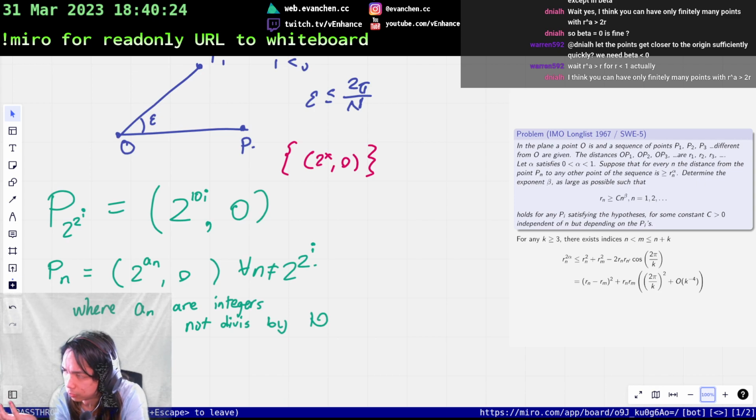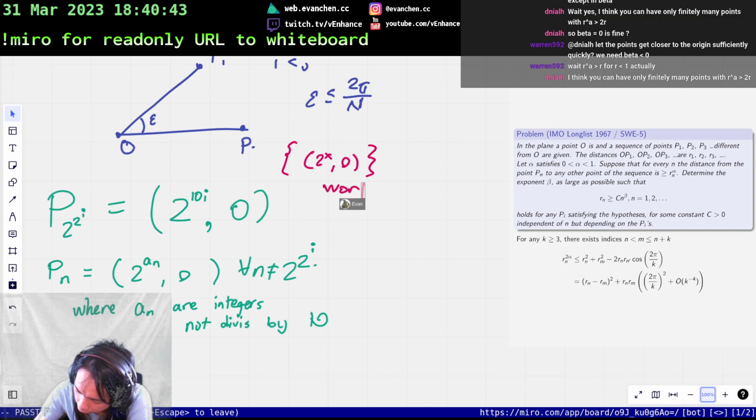It is just a valid construction, right? The set of points which are powers of 2 will work for any alpha strictly less than 1. And in fact for alpha equals 1 for that matter. Because the distance between any powers of 2 is at least the smaller power of 2.